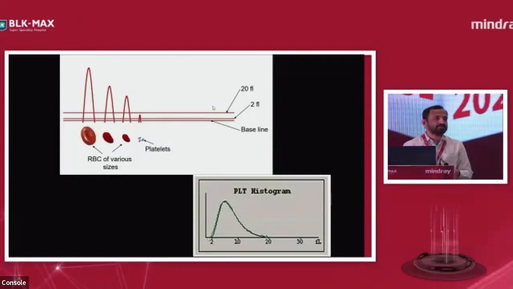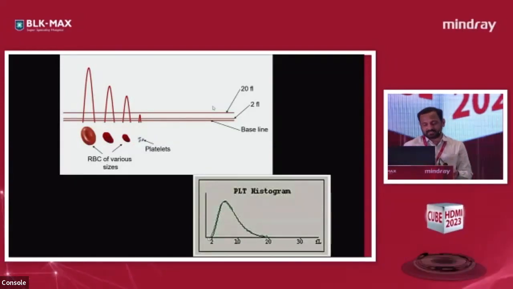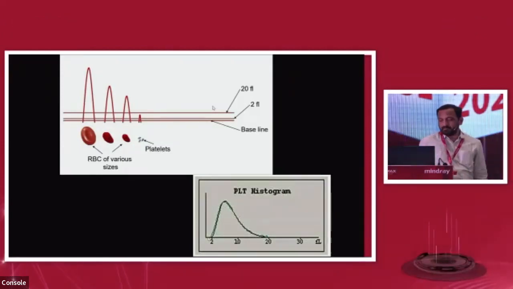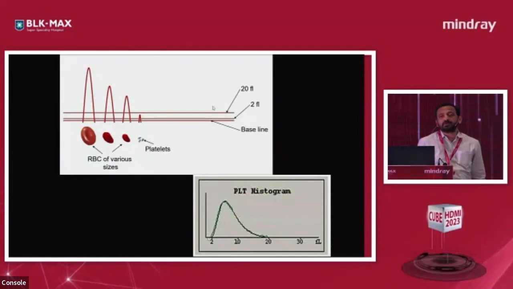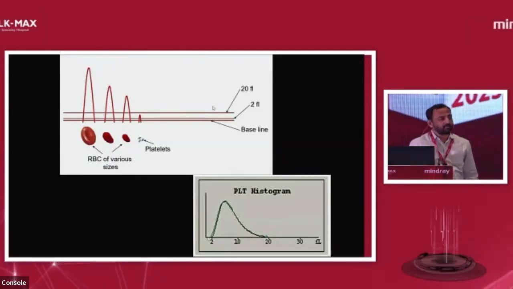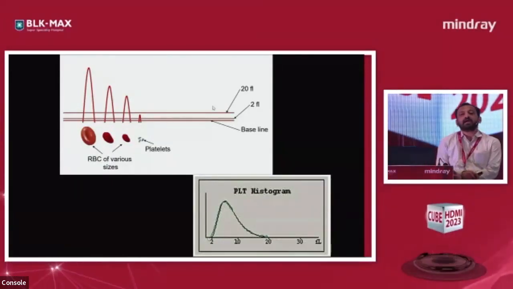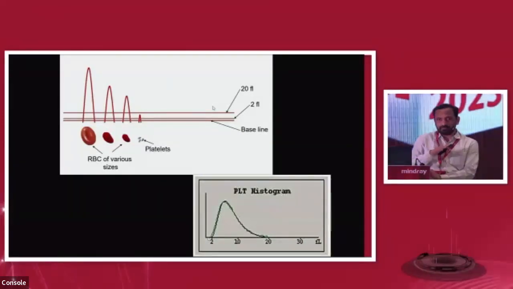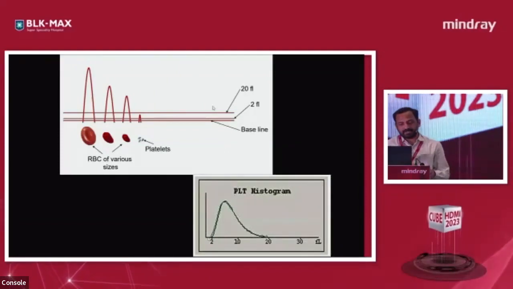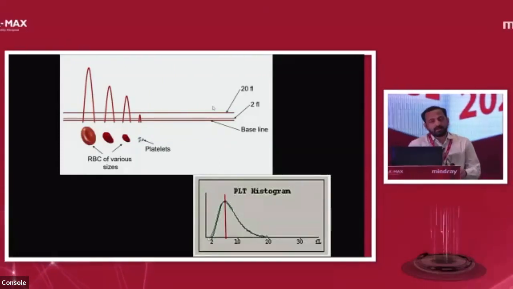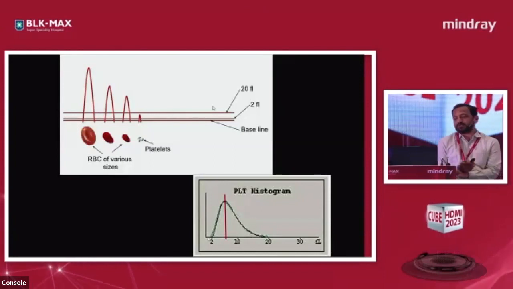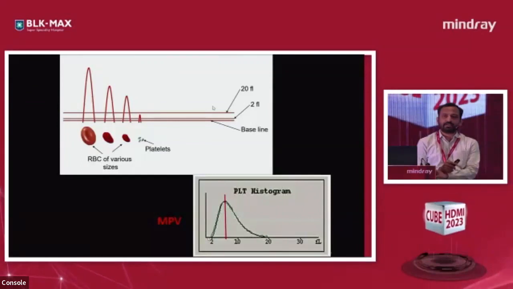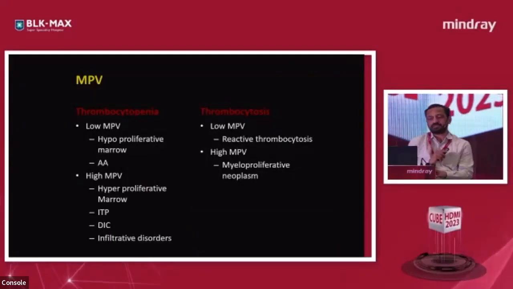Any particle which comes in that area is counted as a platelet, and a histogram is generated, which has to be a single histogram that should start from 2 and end at 20, and it is slightly shifted to the left. That is particular to the platelets. And if a vertical is drawn from the peak of this histogram, then it accounts for the mean platelet volume. So this is the basic principle for the impedance.